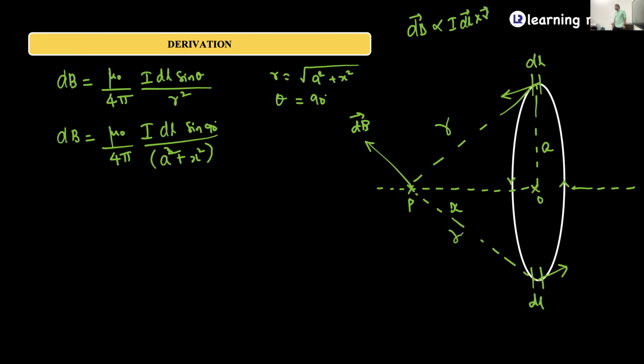It is still going to be R. Why? Because they are symmetrically opposite in the first place. And secondly, if you take the surface anywhere from the circumference and draw R vector, it will be of the same distance.